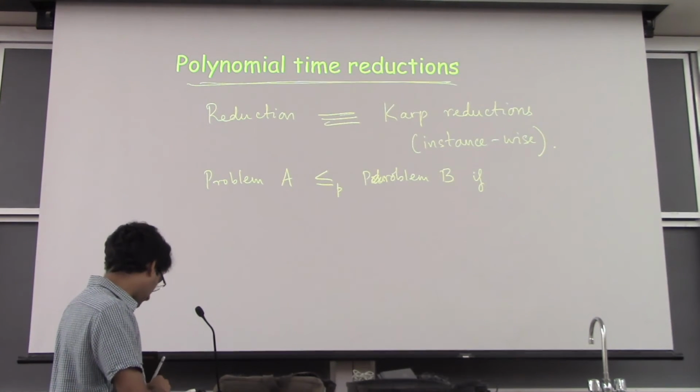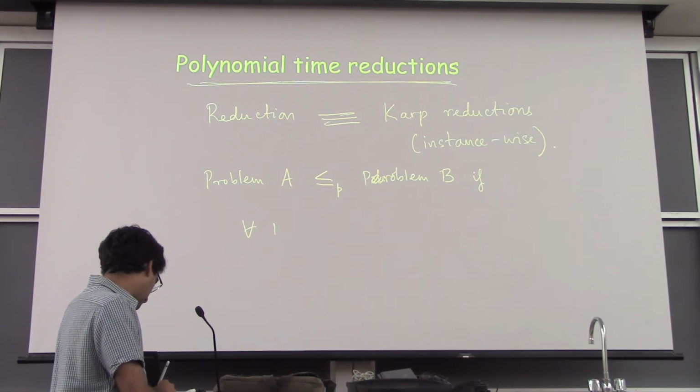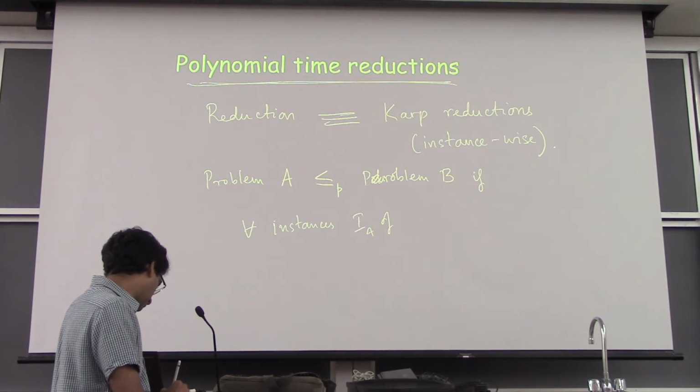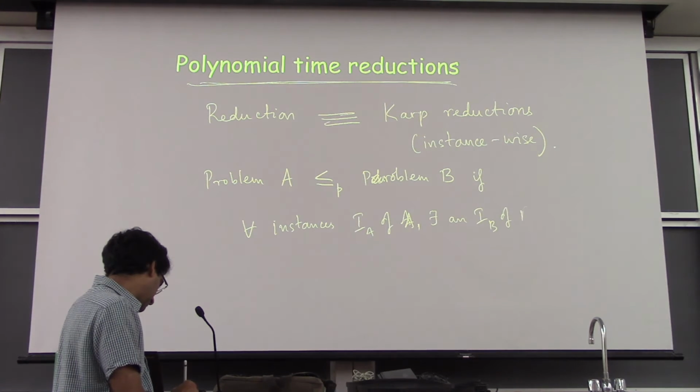That is, for all instances IA of A, there exists an IB of B such that you have these two conditions.